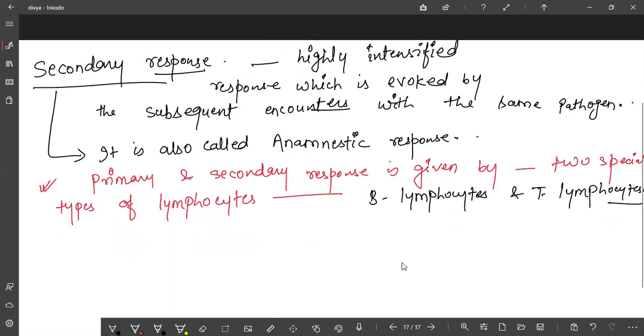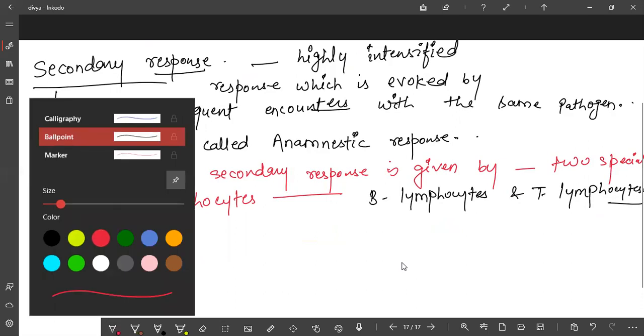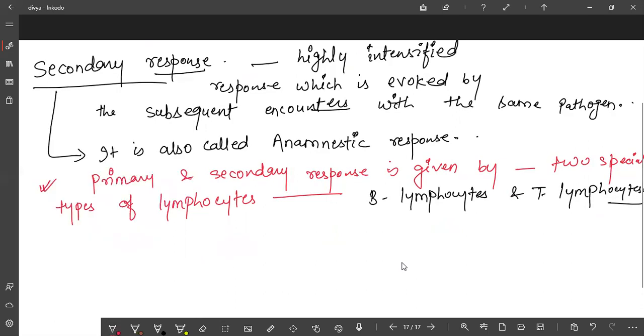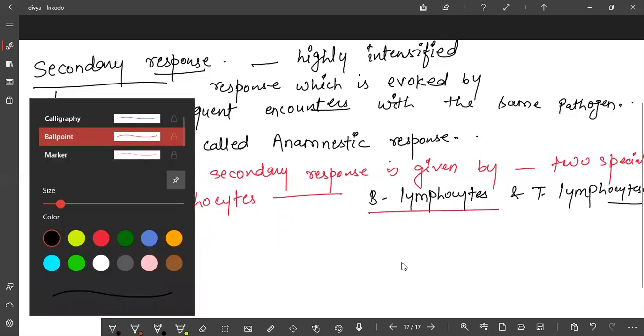So what are these B lymphocyte and T lymphocyte? These are WBCs, you know. What is the full form of WBC? White blood cells, or white blood corpuscles. Both are the same.